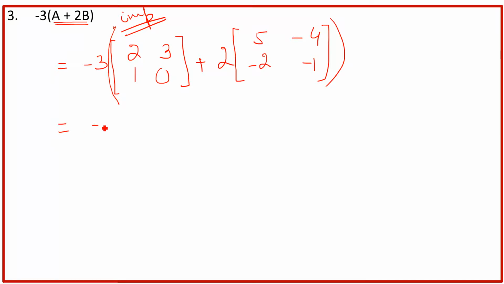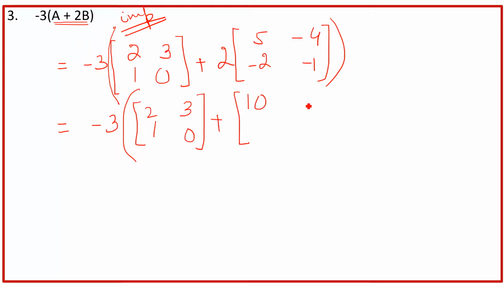So do not touch with -3. First we will solve whatever we have inside the parenthesis. You have to multiply this matrix with 2. 10 minus 8, 2 times 4, and then -2. Still we have in parenthesis 3, and now we will add.